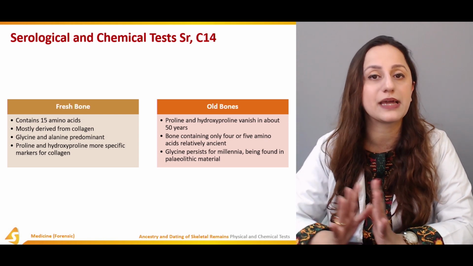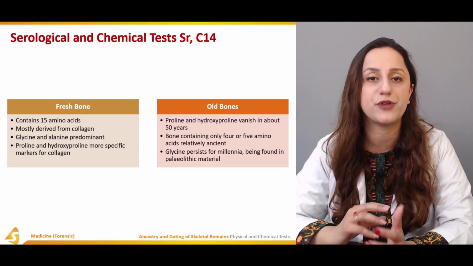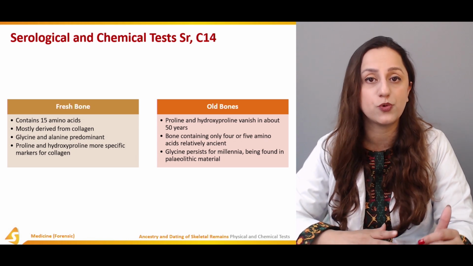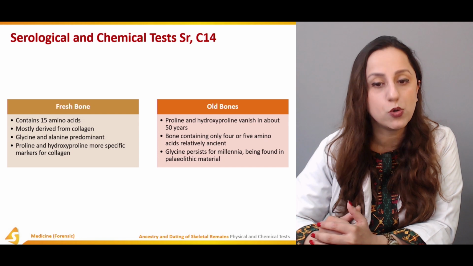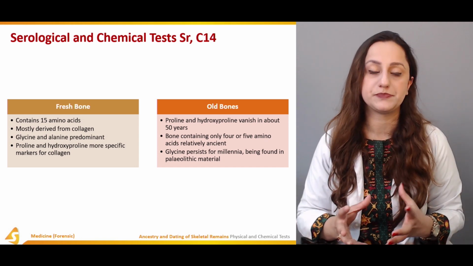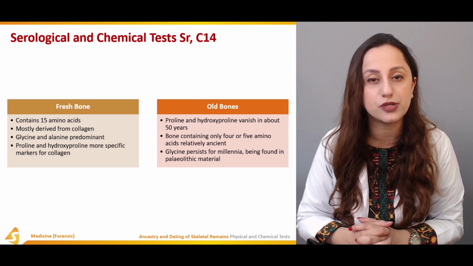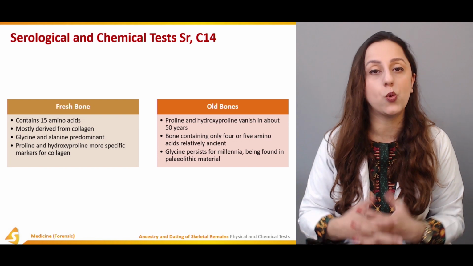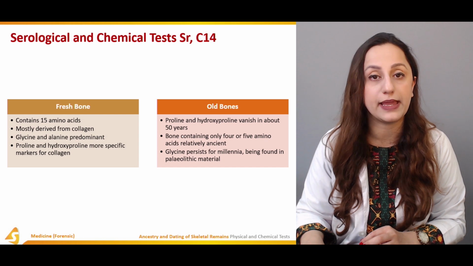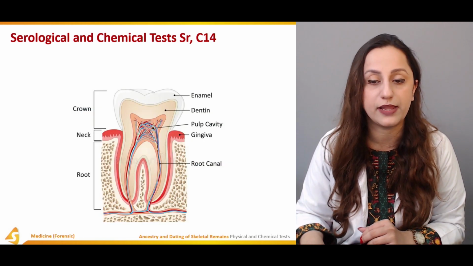So this is basically the comparison that highlights the presence of a lot of amino acids which are found in the fresher bones rather than in the older bones. So these have to be kept in mind, and whenever we have a bone at hand and we have to indicate whether it's of fresher origin or older origin, a lot of things come into play, and they have their own scores at that level.